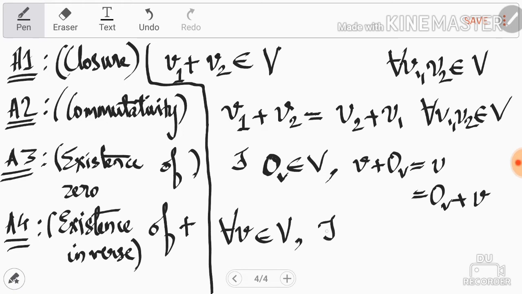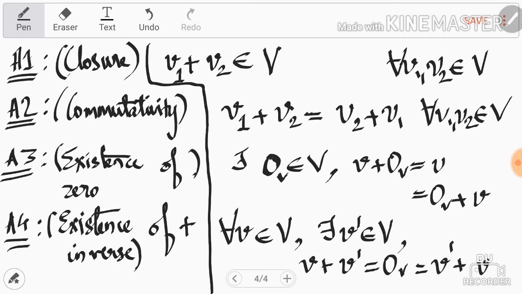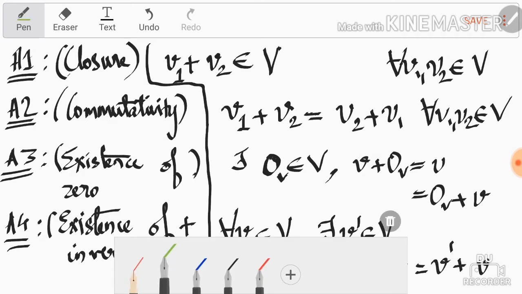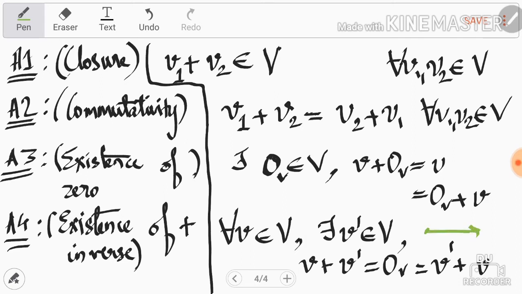Which means that you can always have another vector, let's say V dashed, belonging to V, such that after V, if you trace V dashed, you come back to the original position, which simply means that it's equal to the zero vector. You have a V, you can come back to where you started by adding this V dashed.